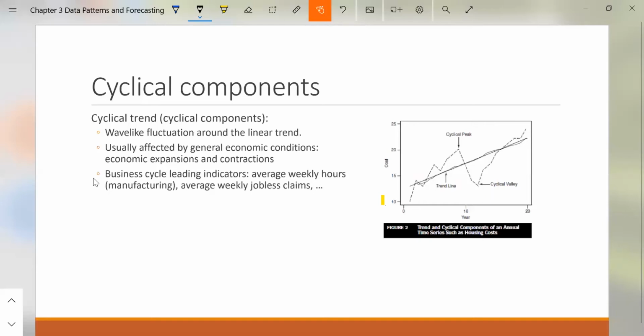Okay, and for those of you who may be interested or curious to know, the economist has been for a long time trying to determine or trying to predict when we would have a recession, right? And what they do is they're trying to look for some indicators that can predict or tell us ahead of time that we are heading into a recession.